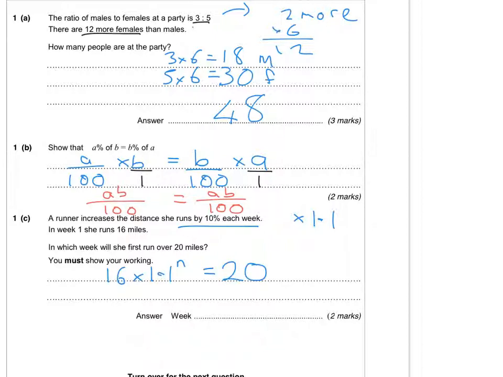Okay, so 20 divided by 16, 1.1 to the power of n equals 20 over 16, which is equal to 1.25.